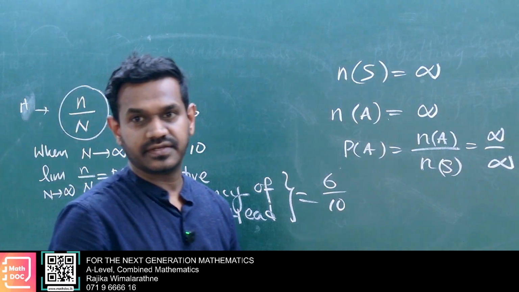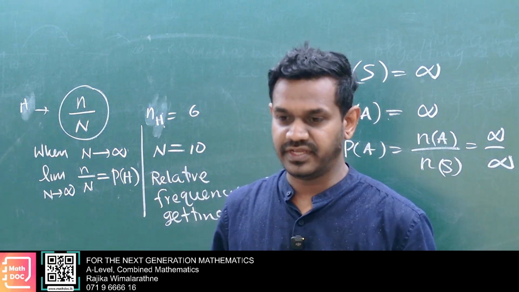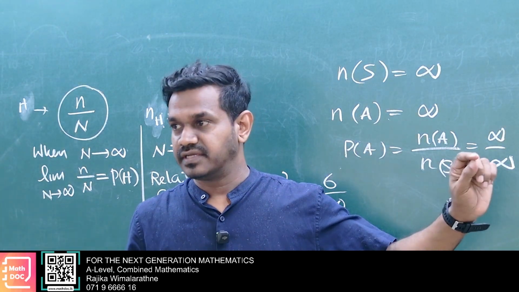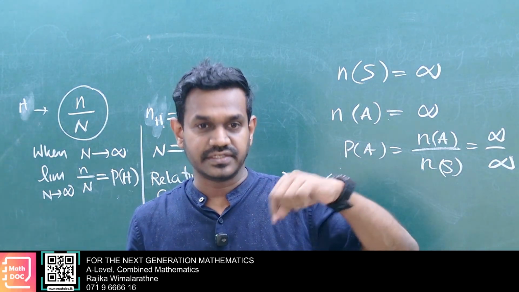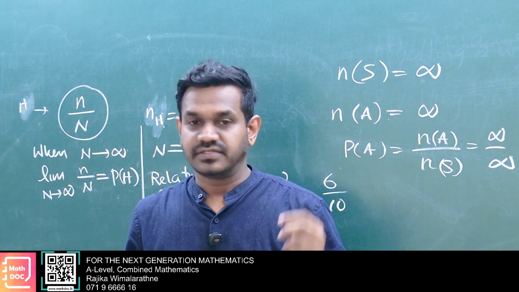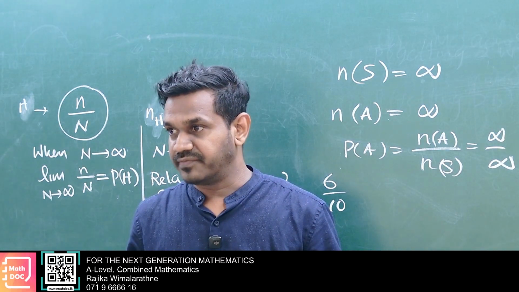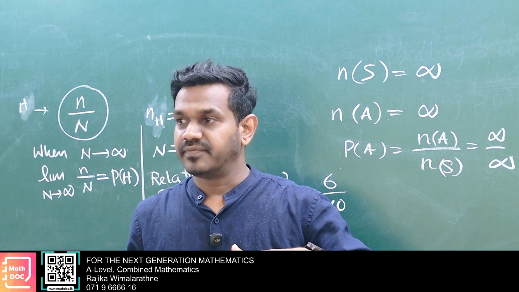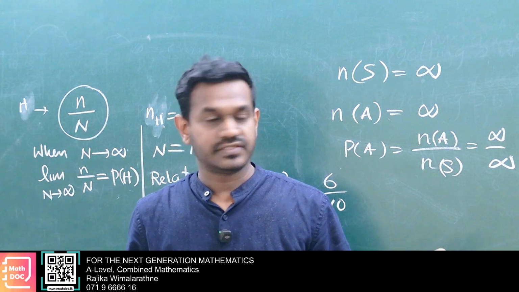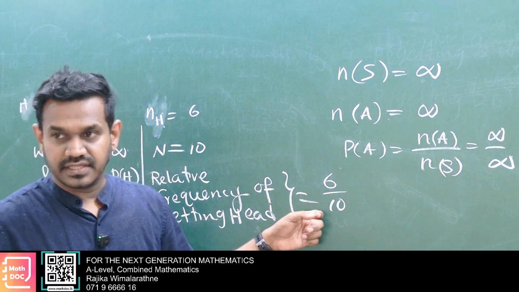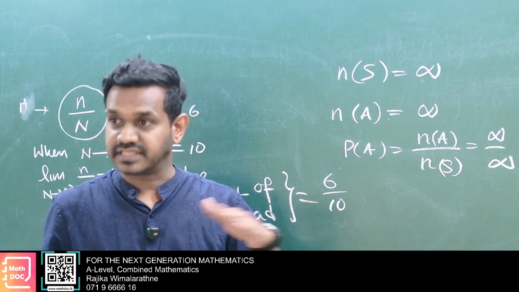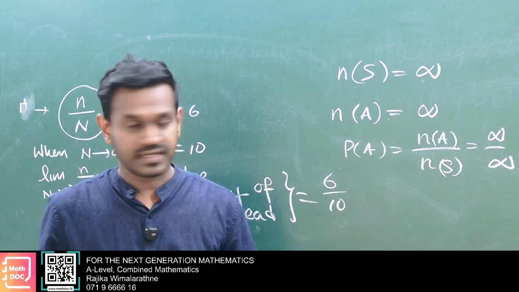In series, we know convergence: when n goes to infinity, in some cases the sum tends towards a finite value, and that is convergence. Here, when we toss a coin 10 times and get 6 heads, this is the relative frequency. The accuracy builds with the number of experiments.